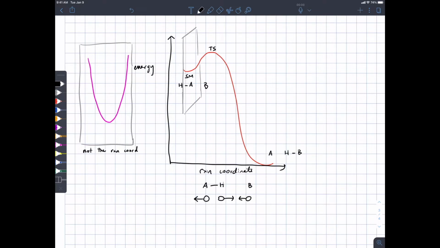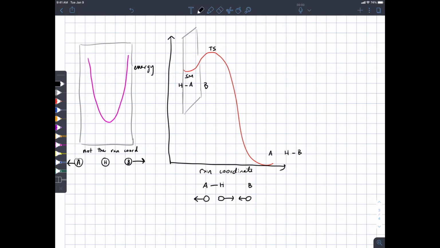It's some other kind of vibration that doesn't lead to the reaction. An example might be this particular vibrational mode where hydrogen's in the middle, B is here, A is here, and we're going in that direction, which happens too.